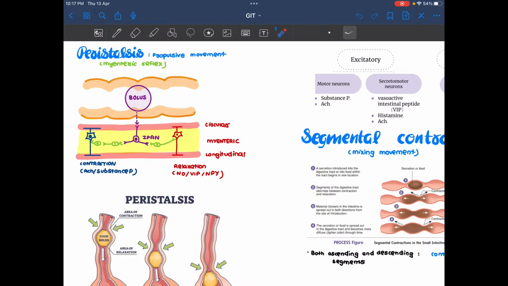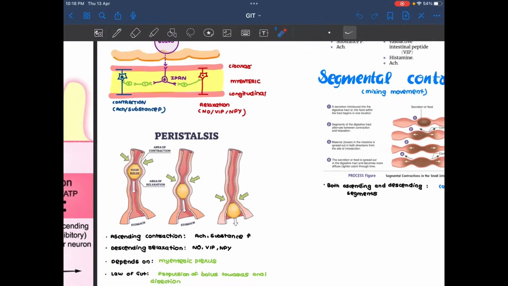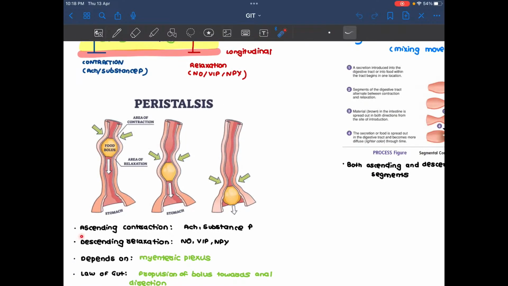So this was what I was telling कि bolus आएगा, it's going to stimulate this intrinsic primary afferent neuron. जो इसके portion, that is the ascending portion of the gut को ये contract कराएगा, constrict करवाएगा via exciting the motor neurons by releasing acetylcholine and substance P. Whereas जो descending portion को वो relax कराएगा via releasing your nitric oxide, vasoactive intestinal peptide, or even neuropeptide Y. So this is what we have. We have peristalsis. Okay. So there is ascending contraction due to acetylcholine and substance P, and there is descending relaxation due to these neurotransmitters. What does it depend upon? It depends upon the myenteric plexus.